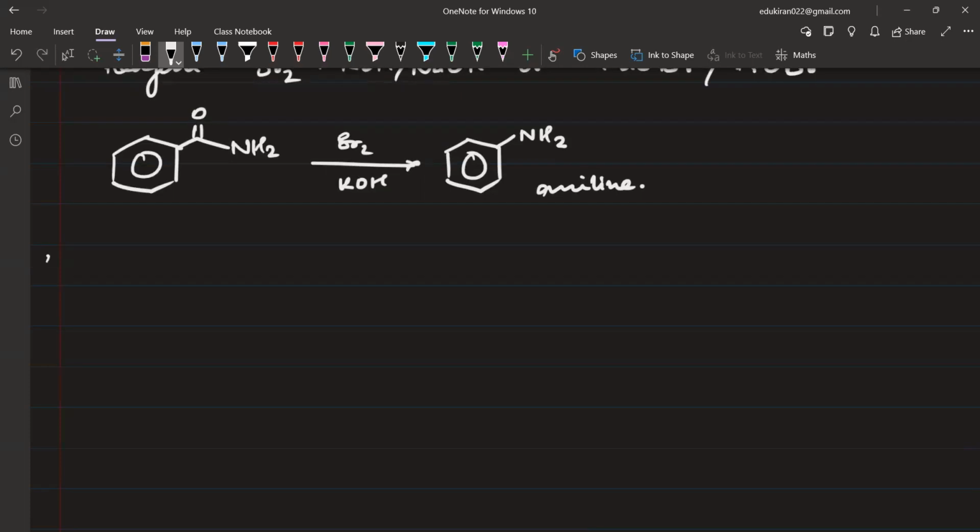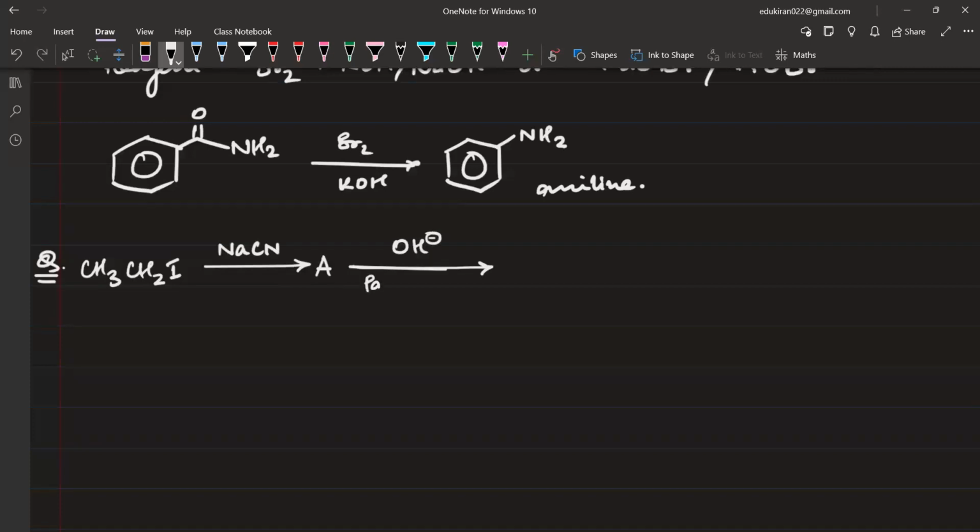It is a sequence type of reaction. क्वेश्चन है कुछ इस तरह से, that you have CH3 CH2 I, it is reacted with NaCN, it gives the product A, which is partially hydrolyzed in the presence of OH negative, I've written partial hydrolysis, ठीक है.